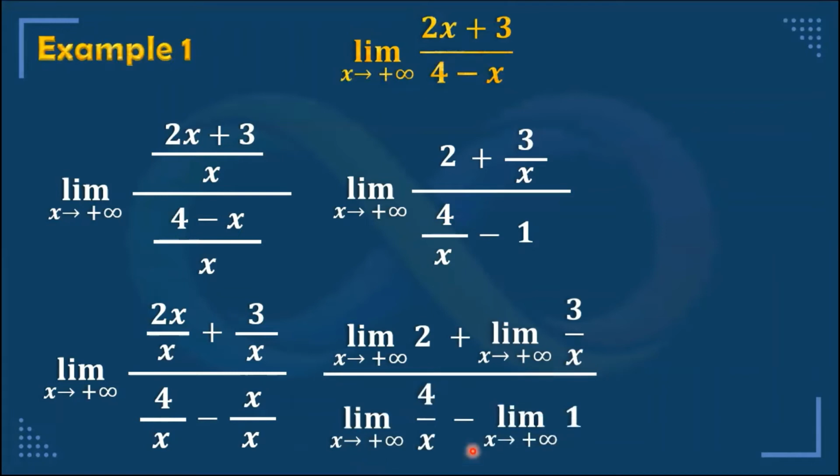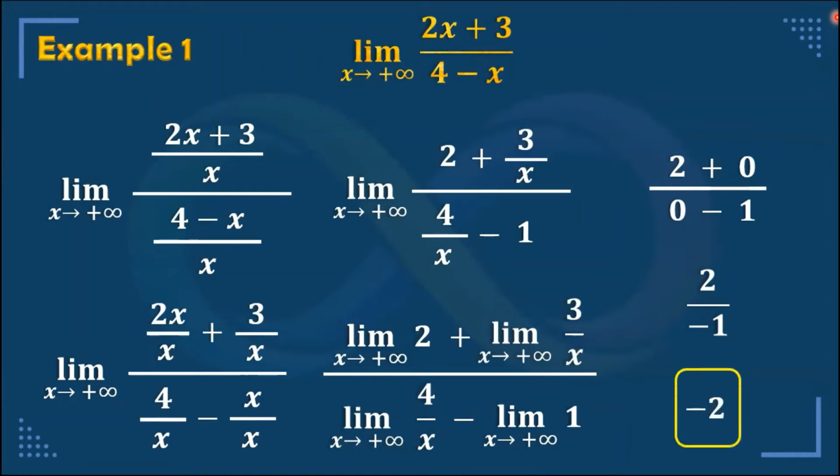Applying the different laws of limits, we have limit of 2, which is 2, plus limit of a function in the form number over x, automatically that is 0, all over limit of the function in the form number over x, that's also 0, minus limit of 1, which is 1. Simplify, we have 2 plus 0, which is 2, over 0 minus 1, which is negative 1. And the limit of the function is negative 2.